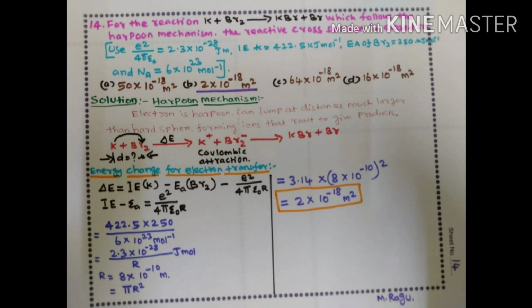The cross sectional area is pi r squared, pi value 3.14 into R value 8 into 10 power minus 10 squared. So the answer is 2 into 10 power minus 18 meter squared. Option B, 2 into 10 power minus 18 meter squared.